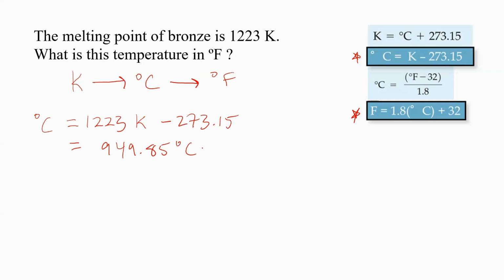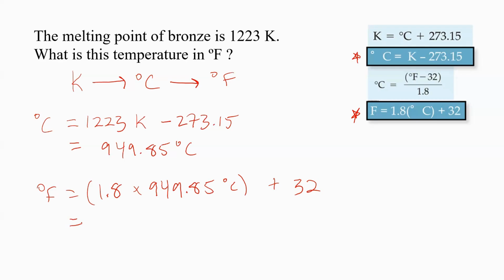Now that we have our temperature in Celsius, we can now convert this to Fahrenheit. So to find our temperature in Fahrenheit, we take the 1.8, multiply that by our temperature in Celsius, and then we add this to 32. So make sure you do what's in parentheses first.